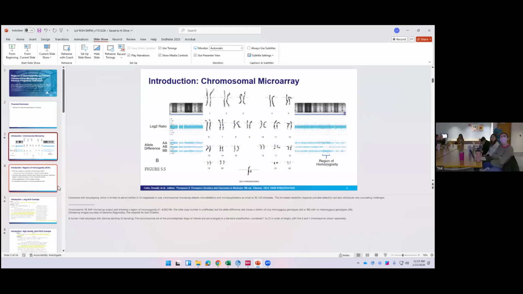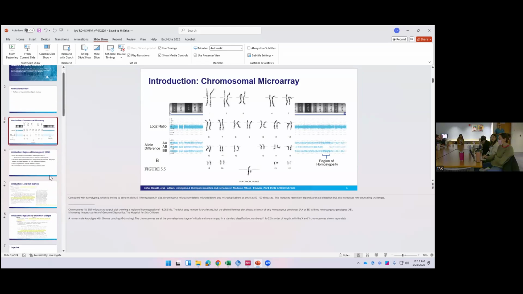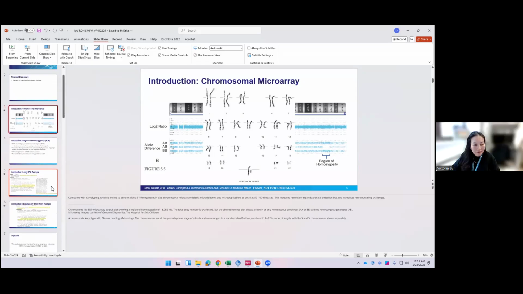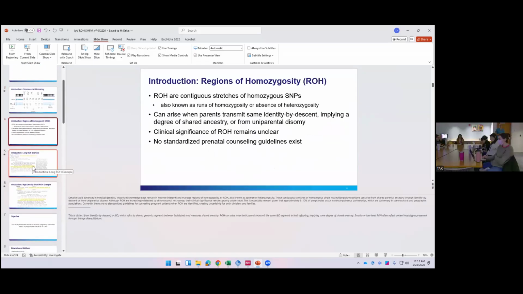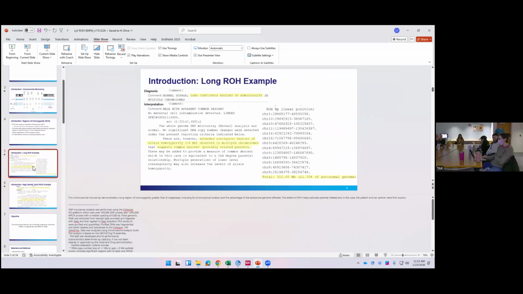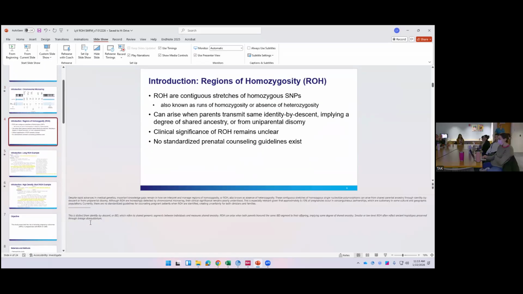I thought your introduction, I really liked the graphics and how you highlighted the results in the introduction. I thought it was really helpful. Okay. So you can just go slide by slide. Did anyone have any comments? I didn't like this slide, the quality of the picture is poor.